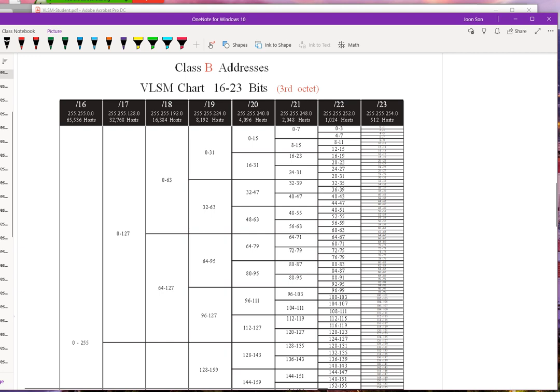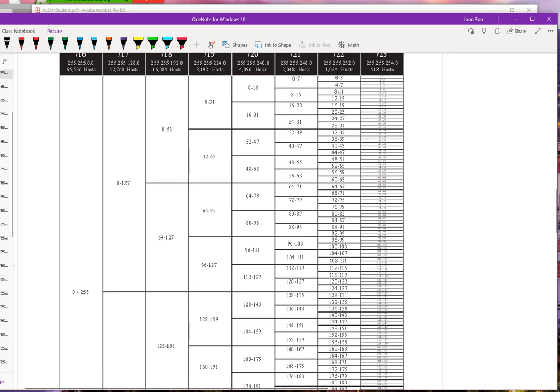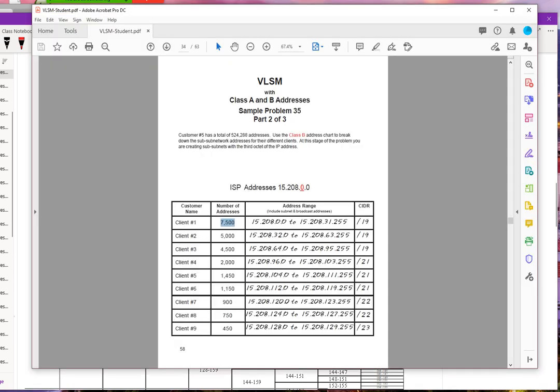So I think /19 is the right size because it can accommodate about 8,000 hosts. So we know that we have to use this address space, 0 to 31.